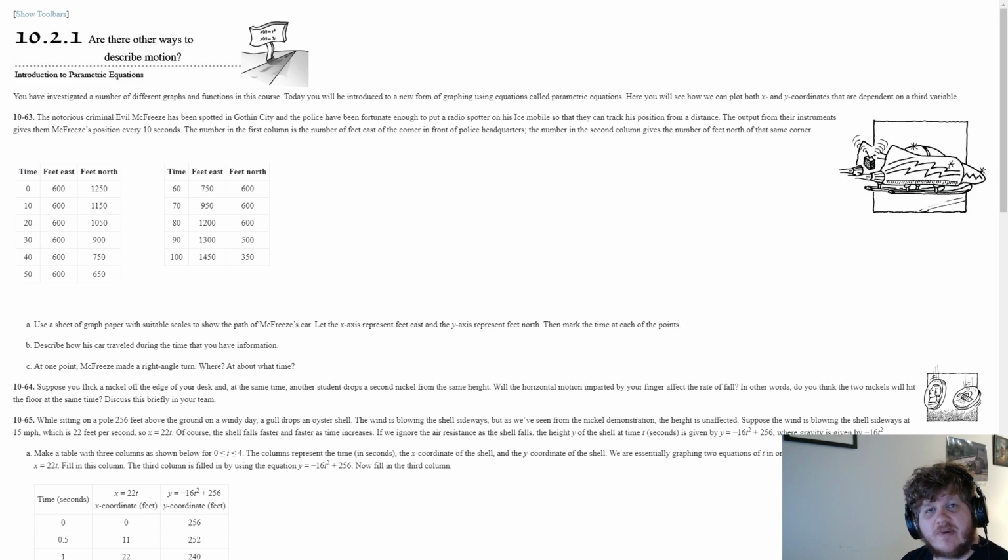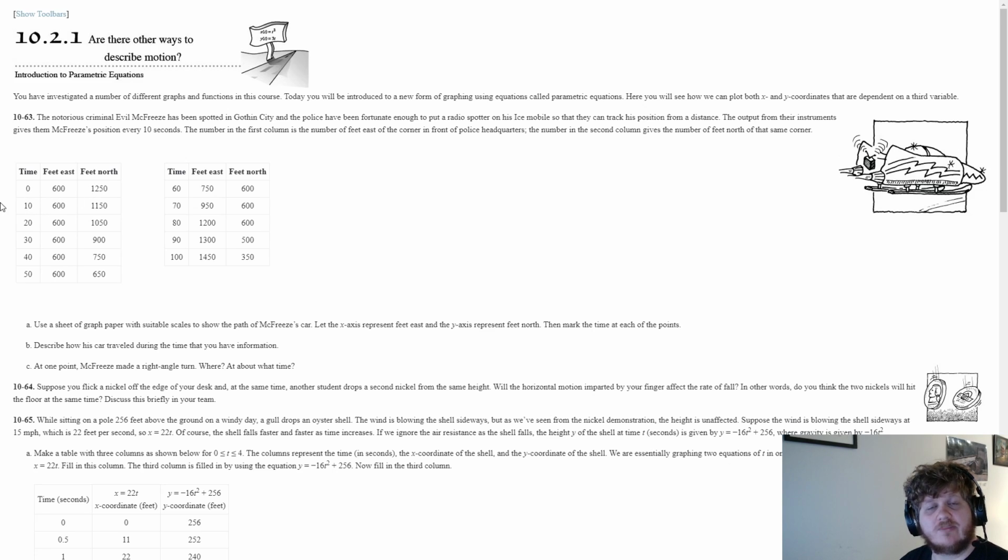So we've been talking about vectors, and now what we're going to be doing is talking about parametric equations, which are equations that, rather than being just an x versus y, have the idea of time. So you basically have x versus t, and y versus t.